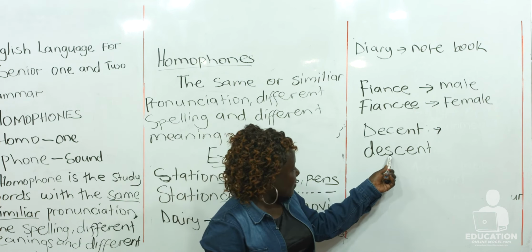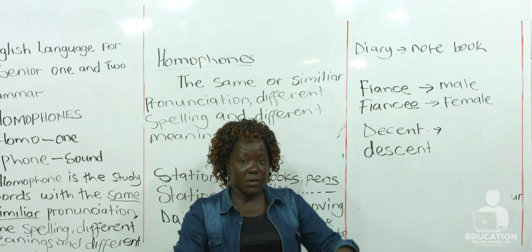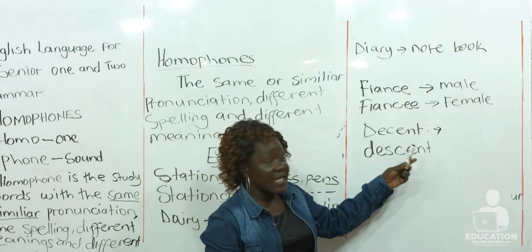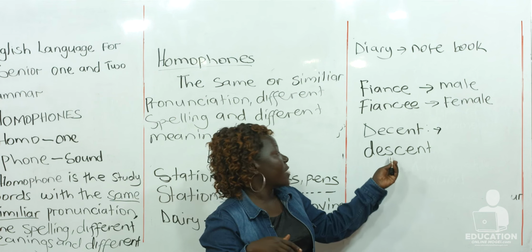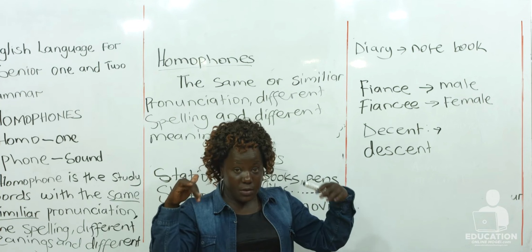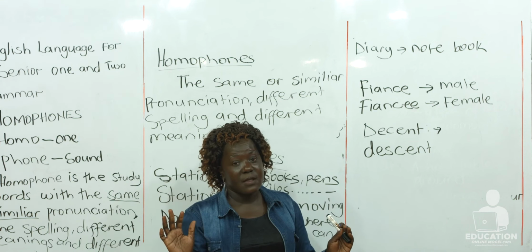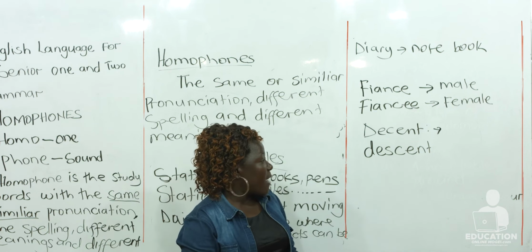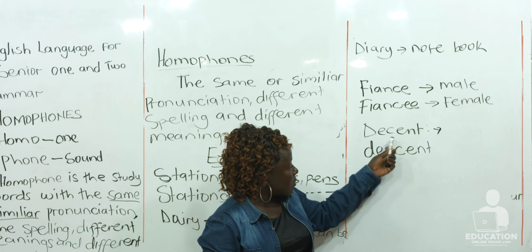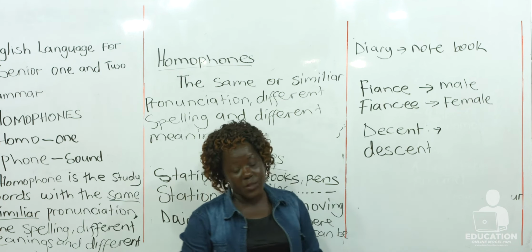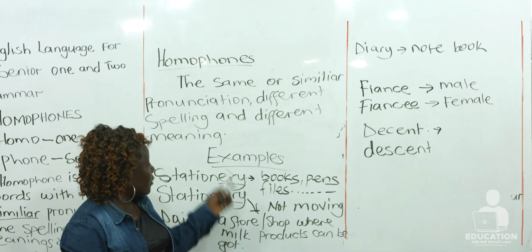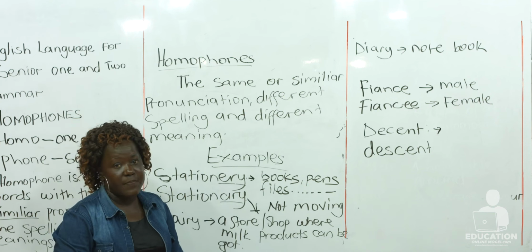This one can also mean to calm down. For instance, in the Bible, the angel descended. It is this one here. The angel descended on Jesus Christ. So you have to know where to apply and what to apply at what time, especially when it comes to homophones and homonyms, which we will look at later.